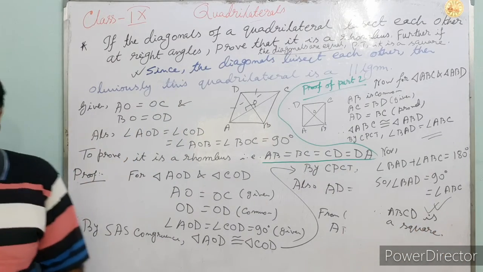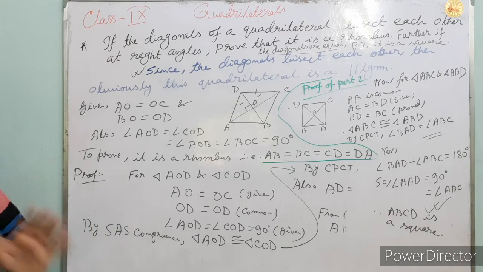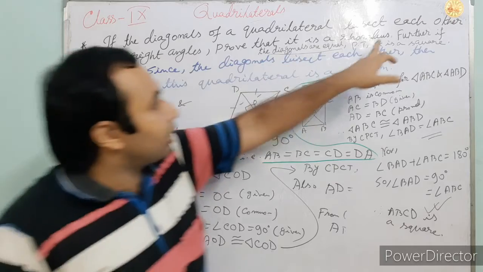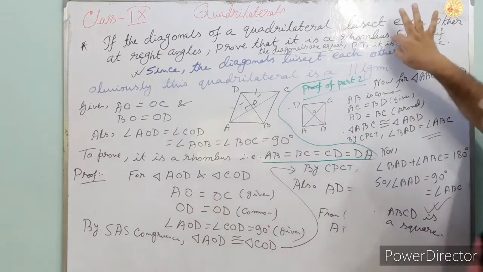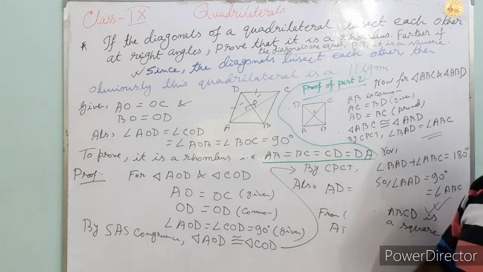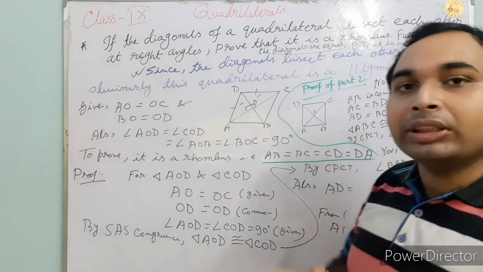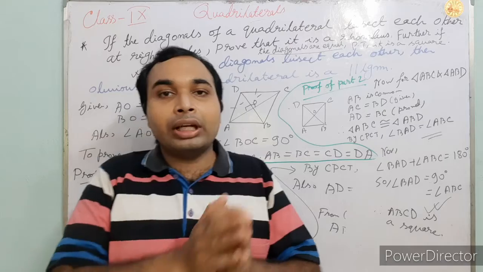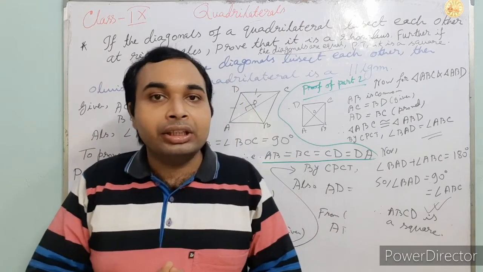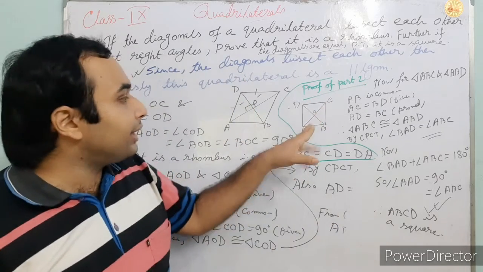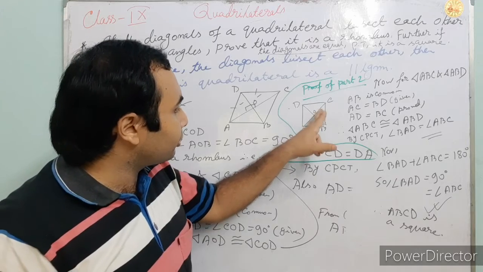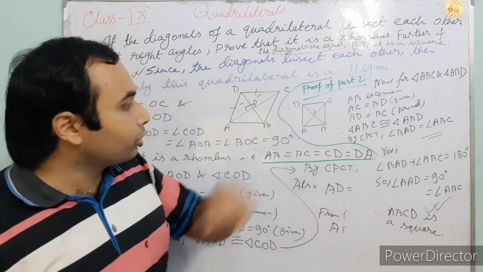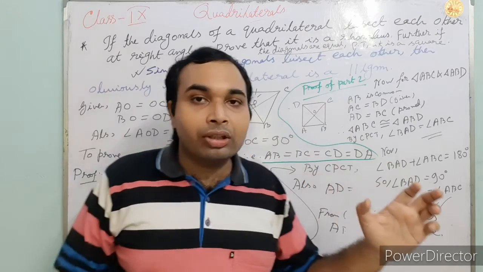So students, I think you have understood how we have done this one. Originally it was up to this, that you have to prove that it is a rhombus. Now for proving the rhombus is a square, you must show that one angle is 90 degrees. So how to show? Just take the two triangles ABD and ABC, and prove that those are congruent.